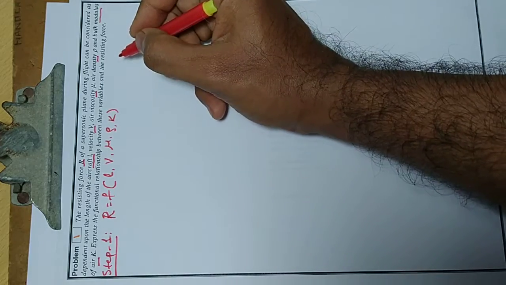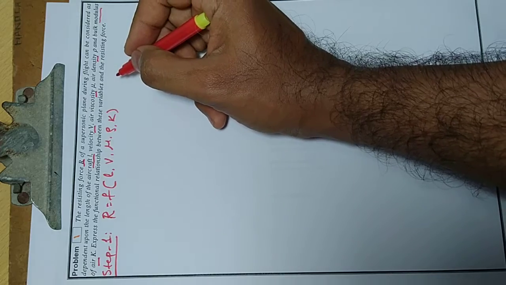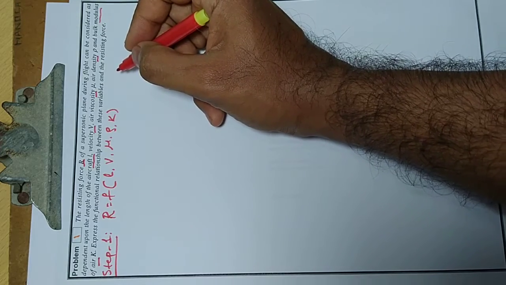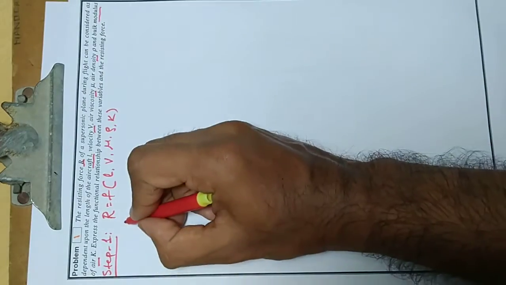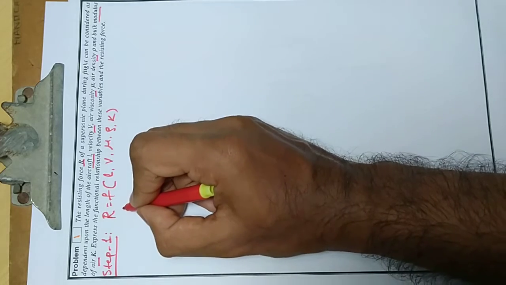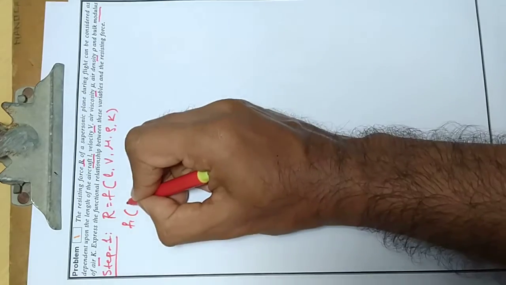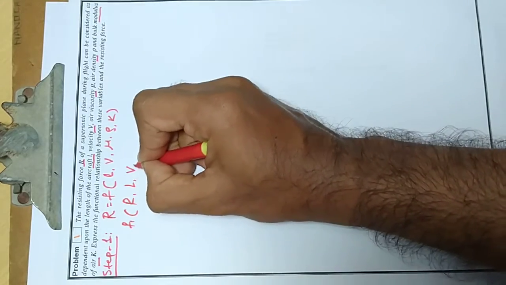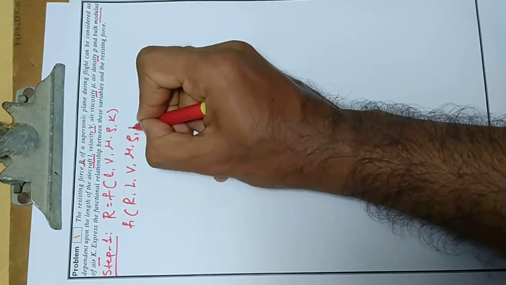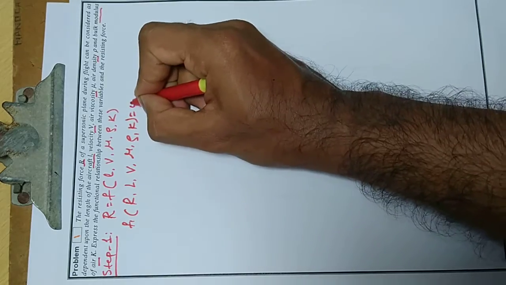Now count how many variables are there. This can also be written according to Buckingham's theorem as a function of R, L, V, mu, rho, k equals 0.